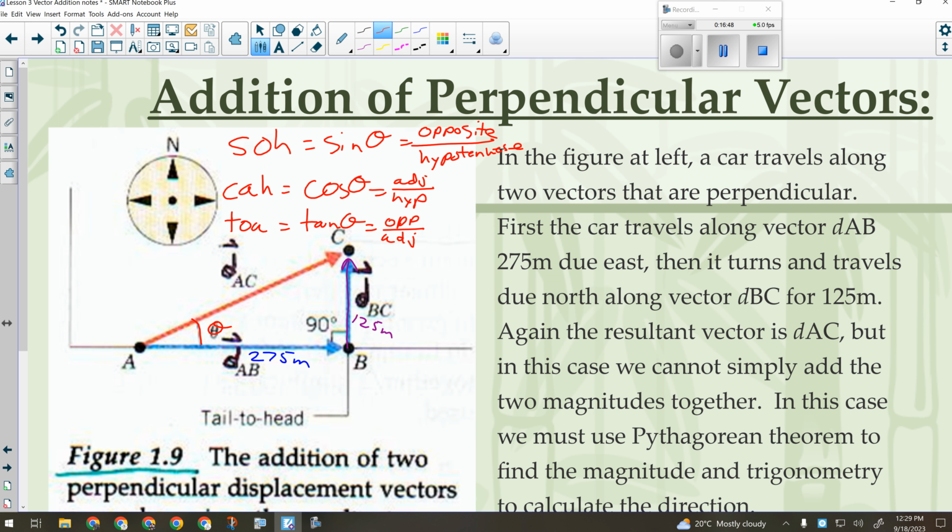Since I know the opposite and adjacent sides, which one am I going to use? Tan.